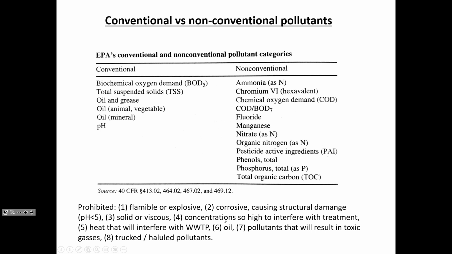Another prohibited substance is corrosive materials, anything with a pH of less than 5, which could cause pitting and erosion of concrete or any kind of damage to the pumps that are going to exist downstream of the collection network.